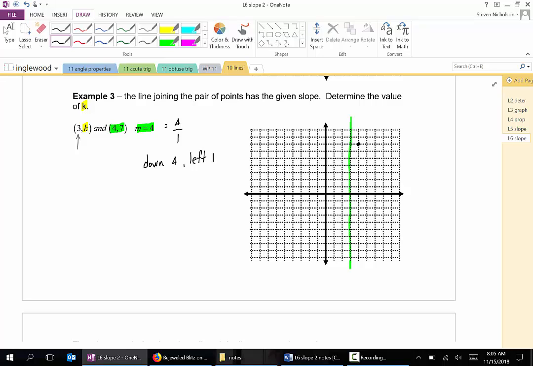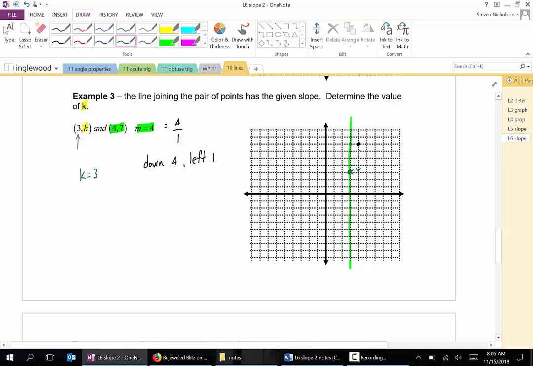And in this one right here, when I go down 4 and right 1, in my very first go, I actually hit it. And if you look at the coordinate then the coordinate would be 3. So 3, 3 is the other point on the line that goes through 4, 7 and has a slope of 4. So again, slope is this measure of steepness as a number, but slope is also a way to go from one point to another point.